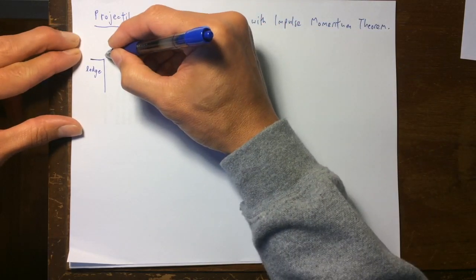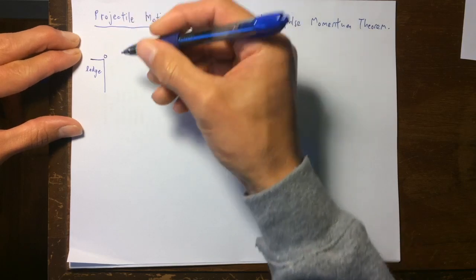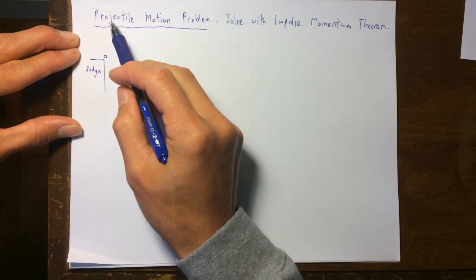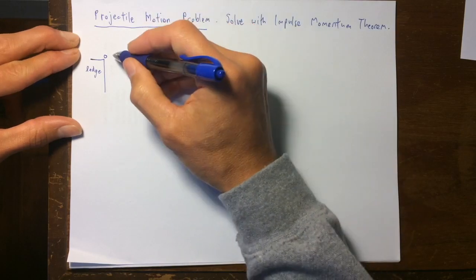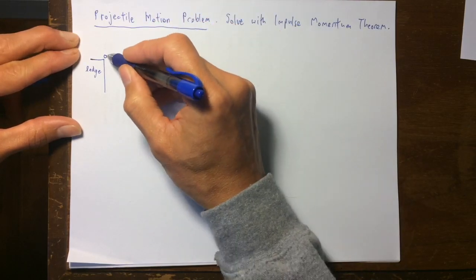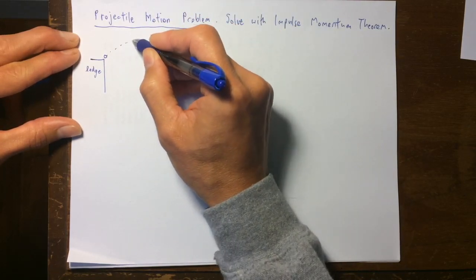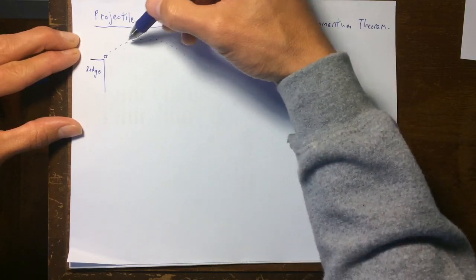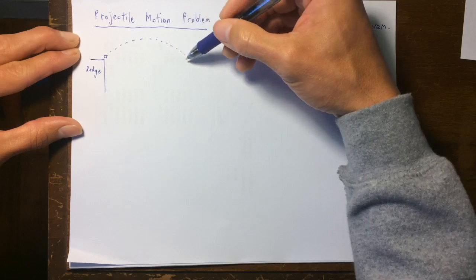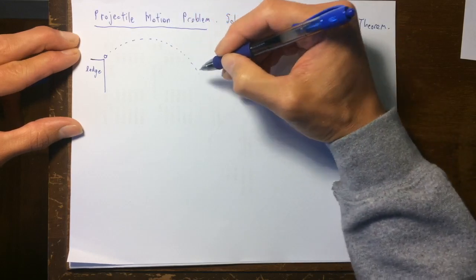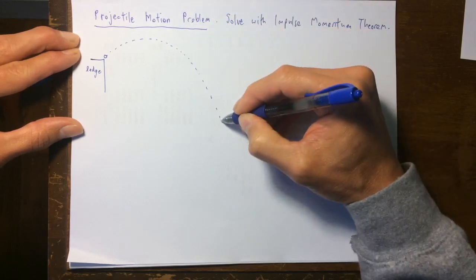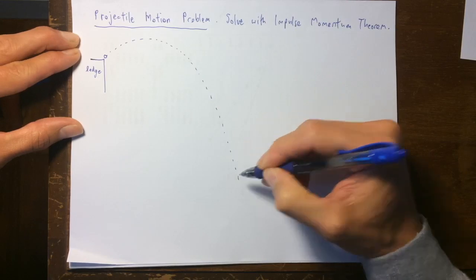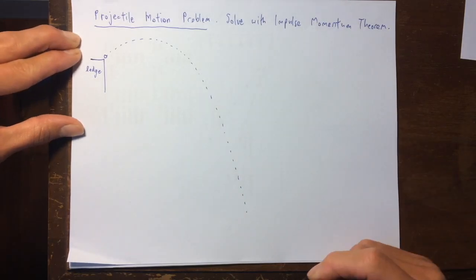But here is the starting position of a projectile, and it's going to take a path that goes up and out, and then loses its vertical motion, gains downwards vertical motion, and you kind of know how this plays out, right? You get this parabolic path.